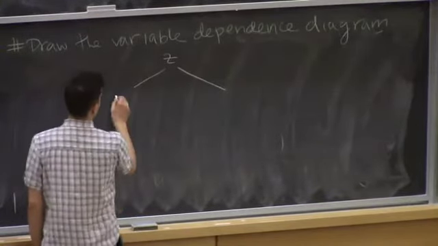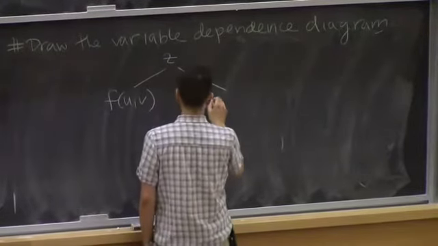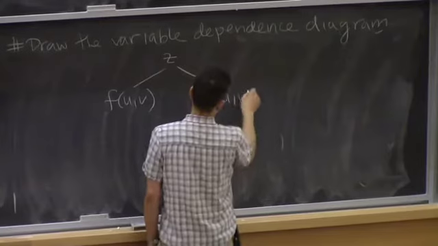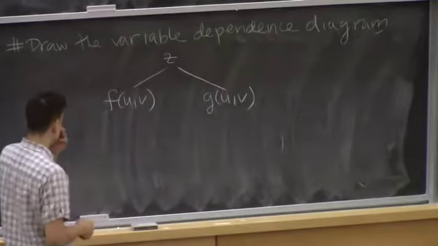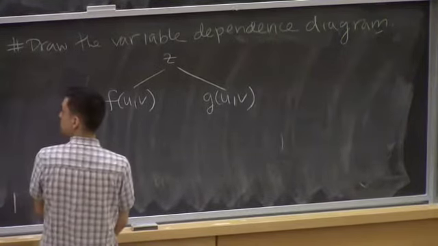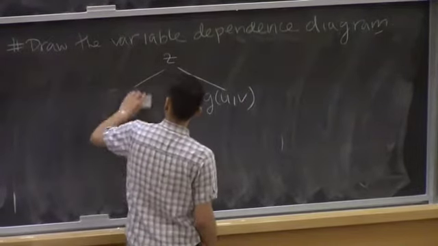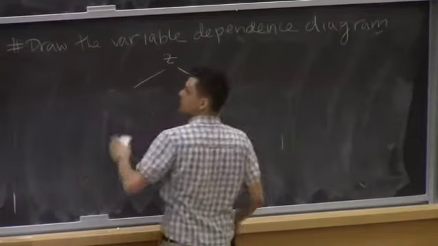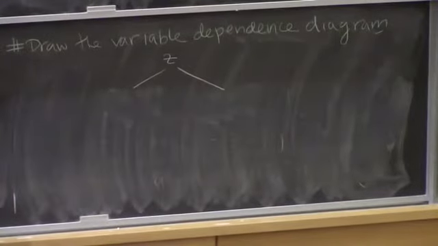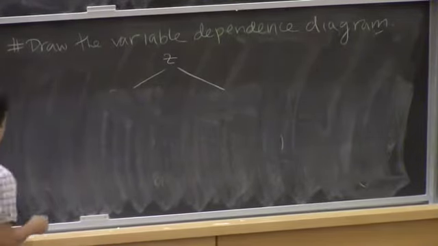That depends on f of uv. That depends on g of uv, and each one of these, sorry, z is F, G, H.